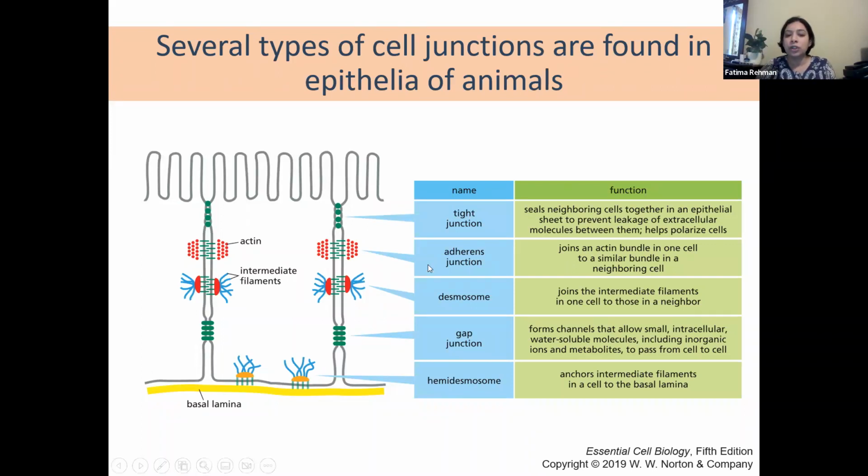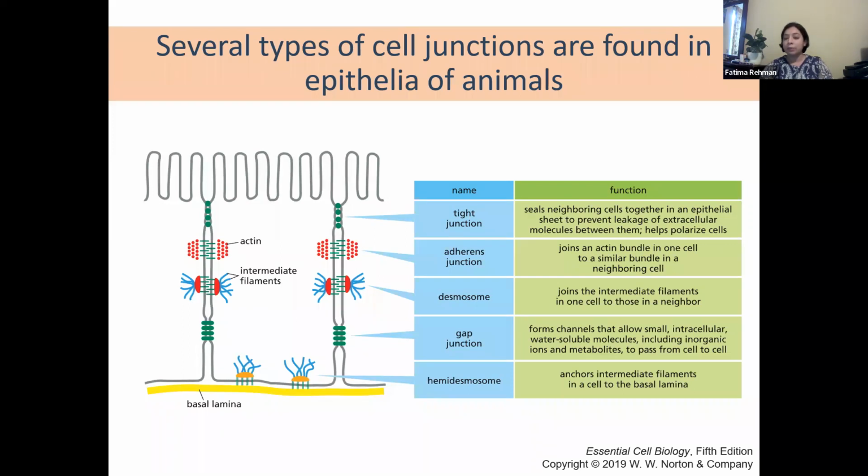Then you have adherens junctions that join with the actin bundles and create a strong band to provide strength to that epithelial sheet, keeping it together. Then you have desmosomes that bind the intermediate filaments in one cell to those in the neighbor, and they are a little bit more loosely attached in this case.